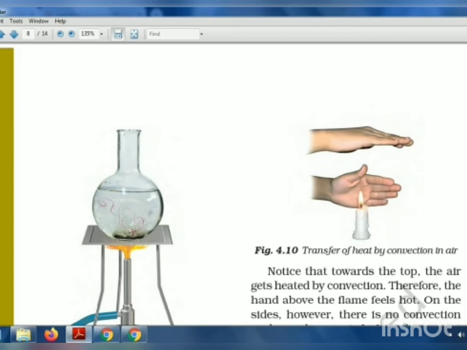The water above the flame will get heated first, and that hot water will move up, and the cooler water at the sides will take the hot water's place. This process keeps on continuing until the whole water gets heated.